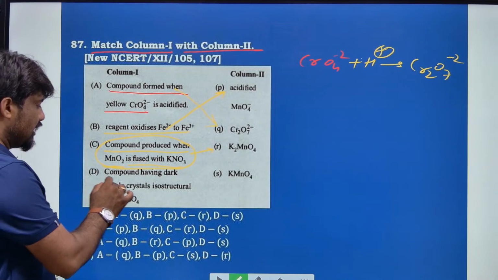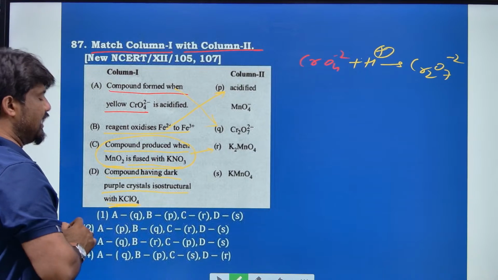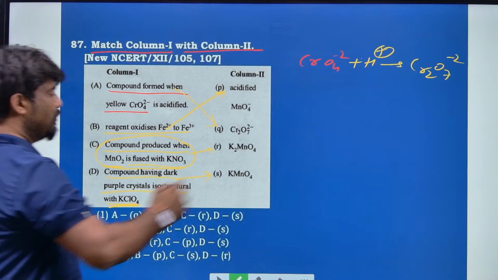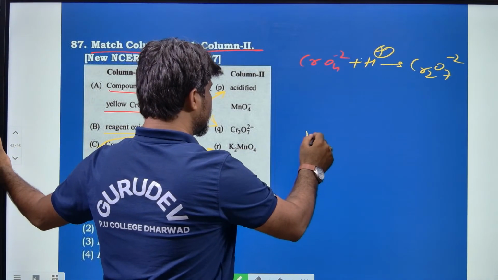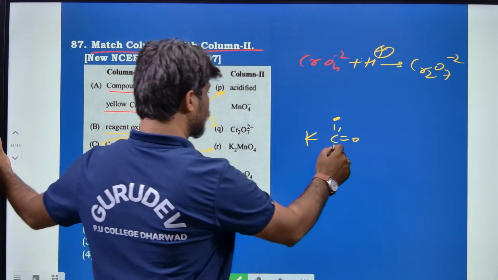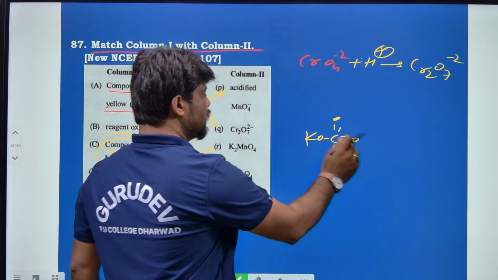The last compound has dark purple crystals and is isostructural with KClO4. KClO4 is isostructural with KMnO4.